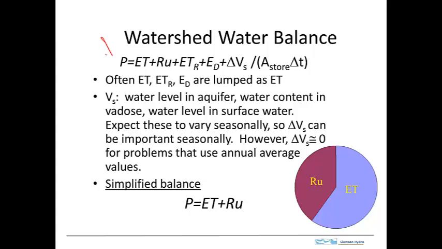So precipitation is coming in, and ET is coming out, runoff is coming out. There's riparian evapotranspiration, direct evaporation, and here's the change in the volume stored per area, per delta T. Now, since we're using precipitation and ET as fluxes, this area has to be the area of the land surface of the region that we're working with.